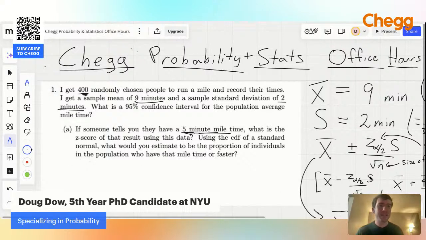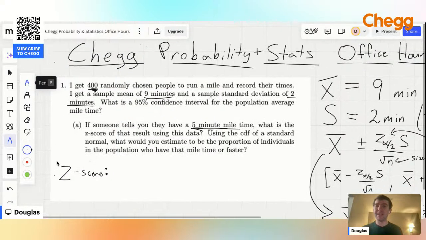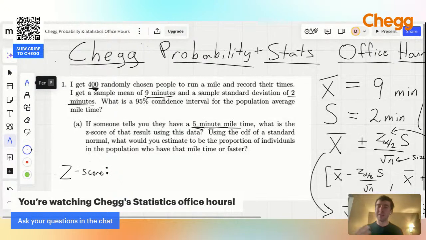So what is a z-score? I think Potato in the TikTok chat was posting about this earlier. A z-score is a pretty important concept in statistics. It takes a sample and normalizes it, putting it in a more contextual form, allowing you to understand how much of an outlier a data point is.